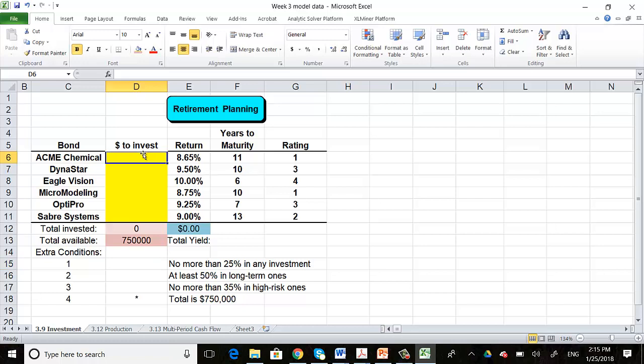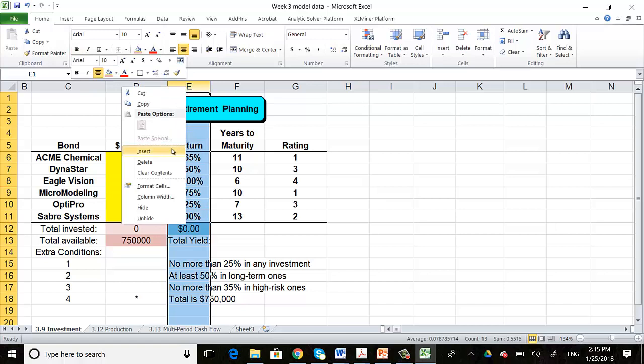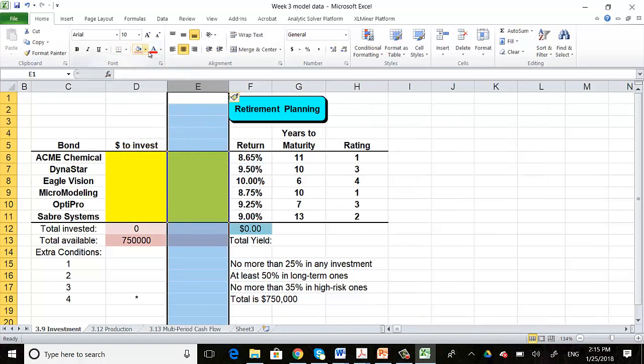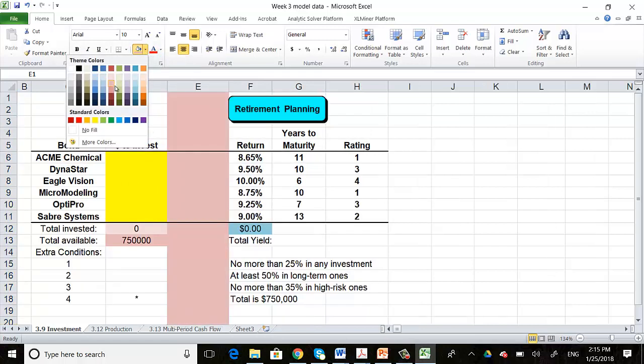This one needs to be less than or equal to 25%, and this one less than or equal to this one. So we probably want another column here to represent the right hand side, though they are the same. Okay, so I'll insert a column here. This will be the right hand side.